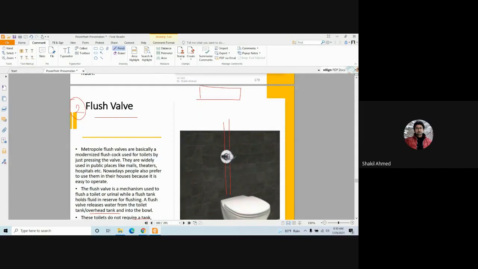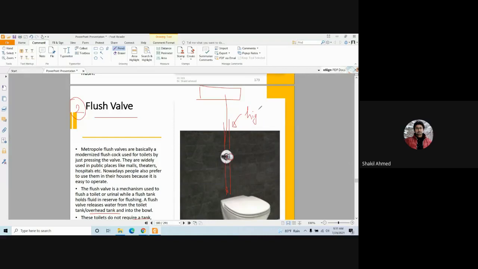And this flush valve, whenever you operate this, turn on this valve, then water rushes directly from this pipe to the bowl. This is flush valve. But remember, since you are directly using this, you need high pressure.